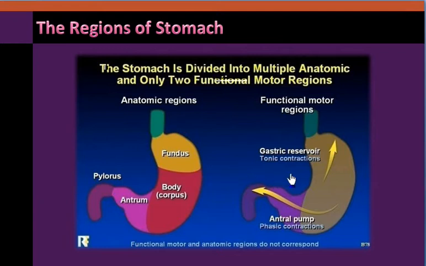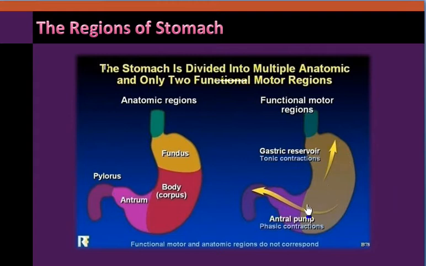The one is called the receiver or the gastric reservoir. This receives the food, churns it, stores it for a while, processes it, and by virtue of the tonic contractions of this part of the stomach, the gastric reservoir digests the food.